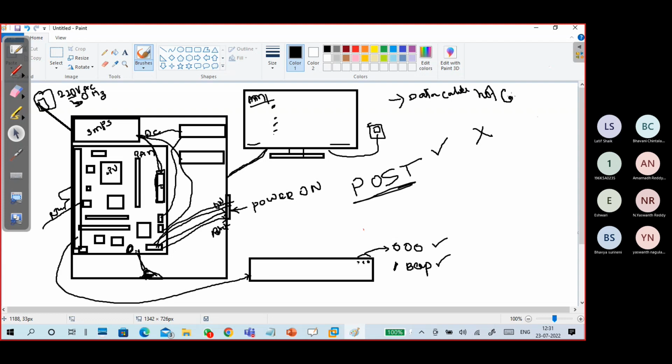Or no signal. If it shows data cable not connected or no signal on screen, it means it can be your cable problem, or it can be your VGA, HDMI, graphic card, or processor related problem.